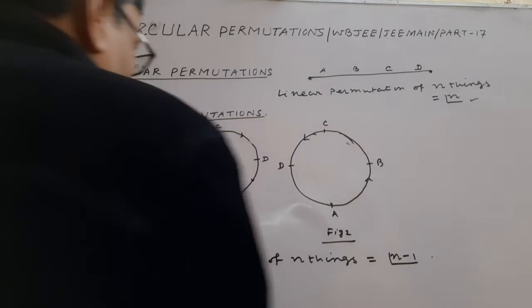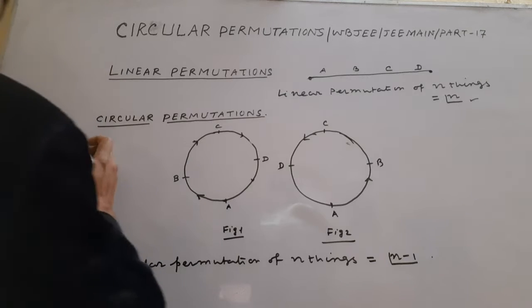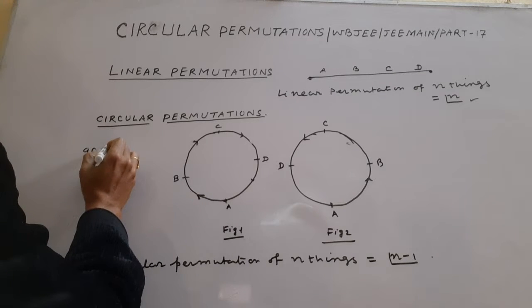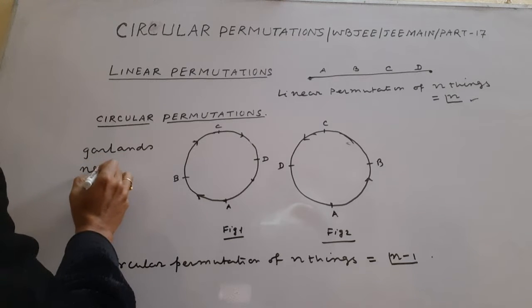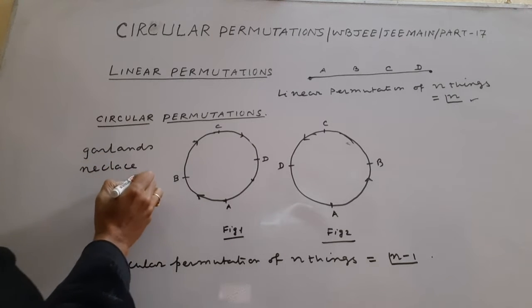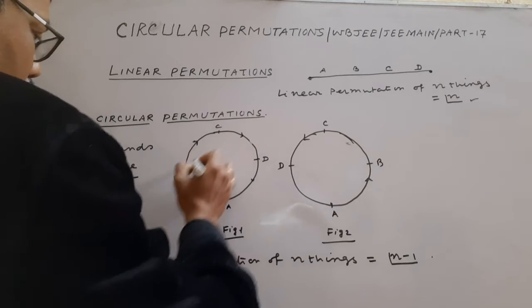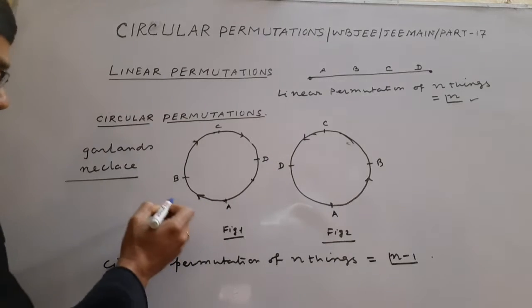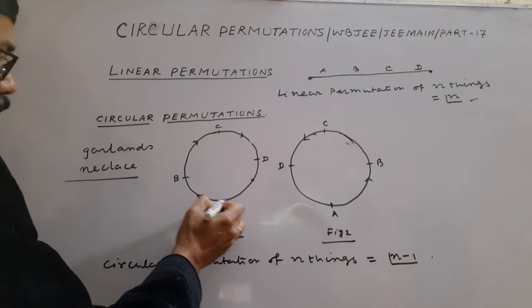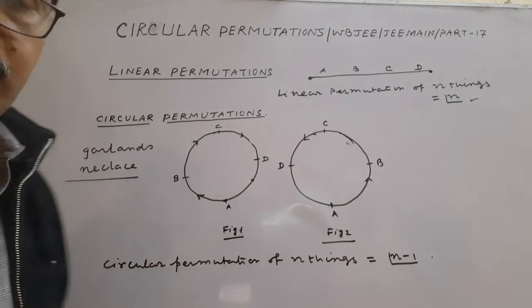But in case of forming garlands or a necklace, suppose there are 4 flowers of different colors. So we can form a garland in clockwise direction and anti-clockwise direction.